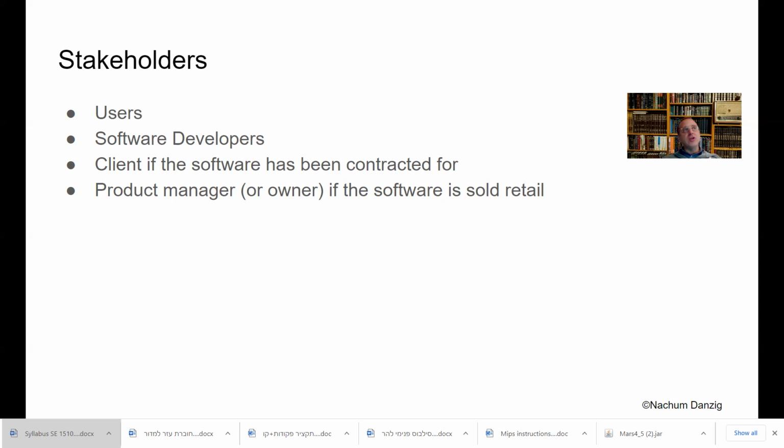The ideal version of this software should only have X, Y, and Z features. So he can serve as a limiting voice in maintaining the product integrity and having a product vision and keeping the software to that vision.